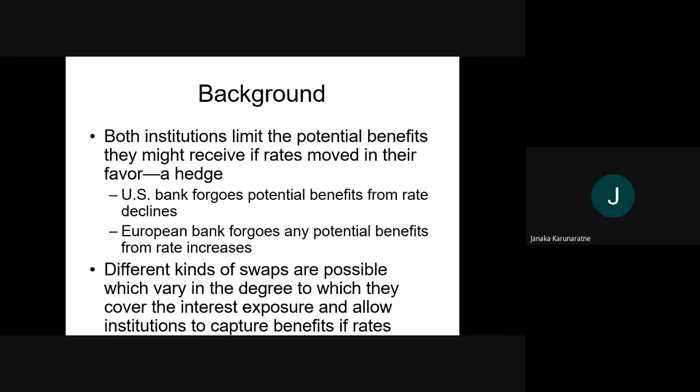The US bank forgoes potential benefits from rate declines. The European bank forgoes any potential benefits from rate increases. Different kinds of swaps are possible, which vary in the degree to which they cover the interest exposure and allow institutions to capture benefits if interest rates move in their favor.